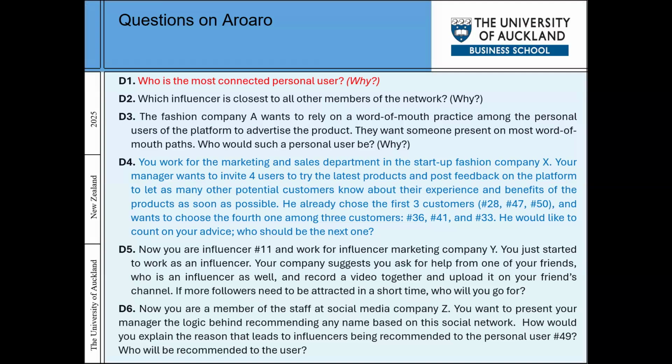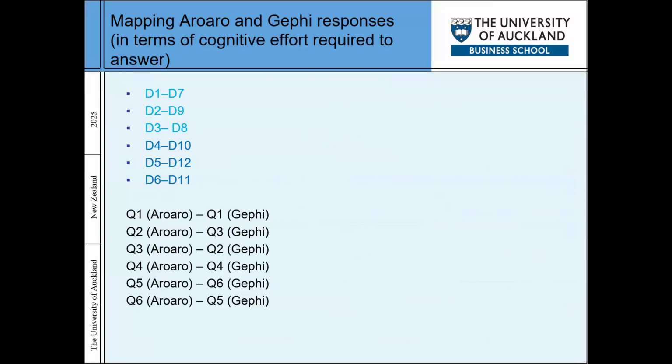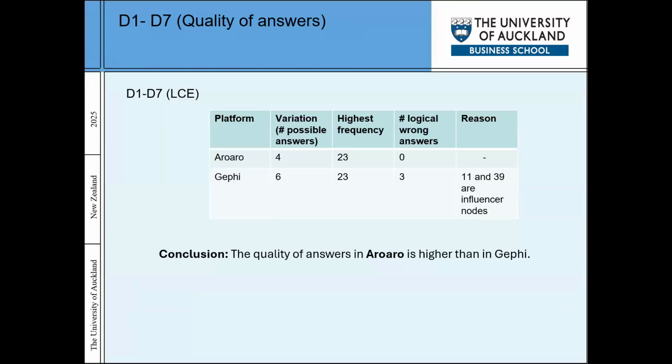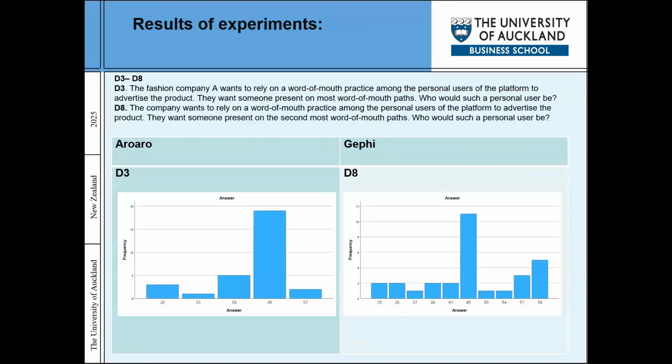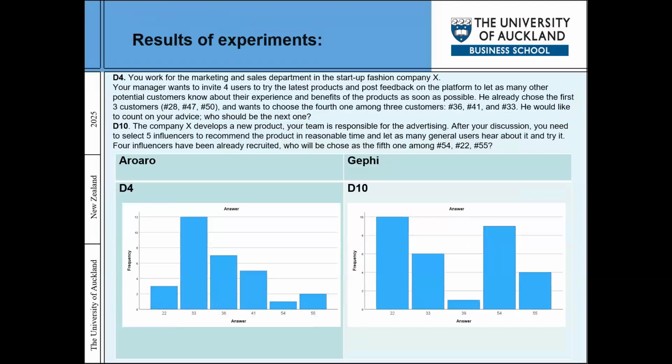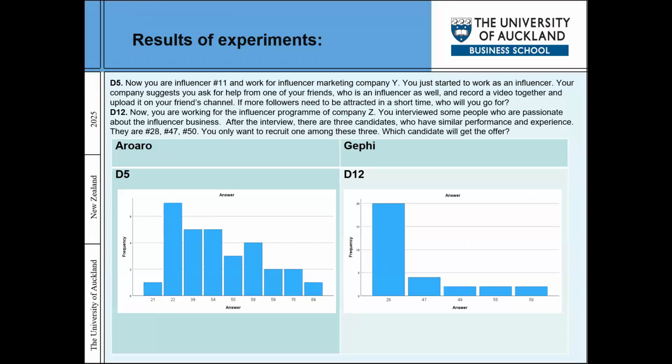Now, in terms of what happened after, the first thing I can say is that the data you saw on the slides shows some spread of answers. Between the low cognitive effort questions and the high cognitive effort questions, the volunteers' answers were more spread, so they were having a little bit more difficulty in judging.